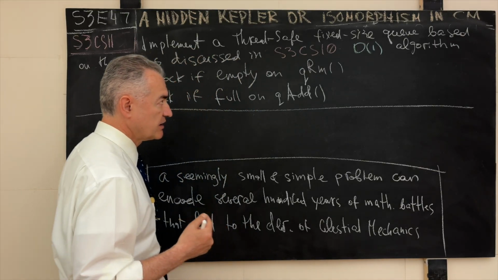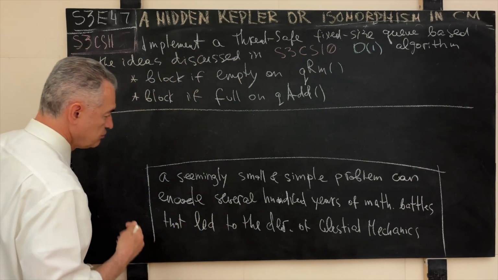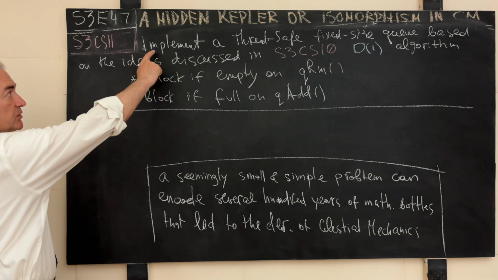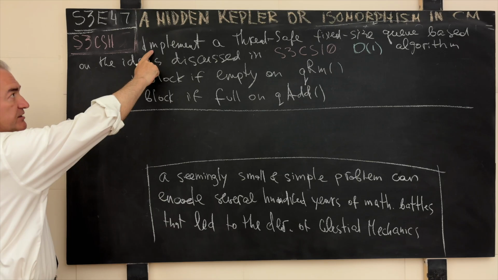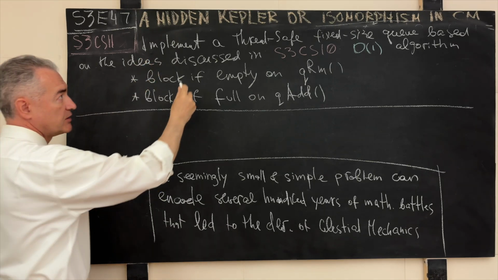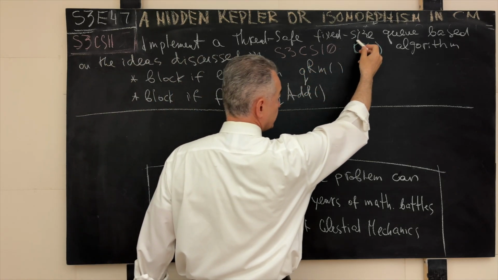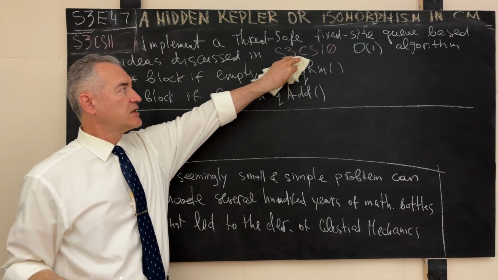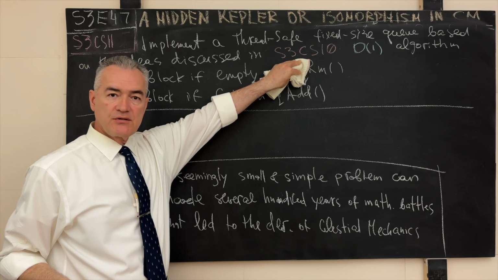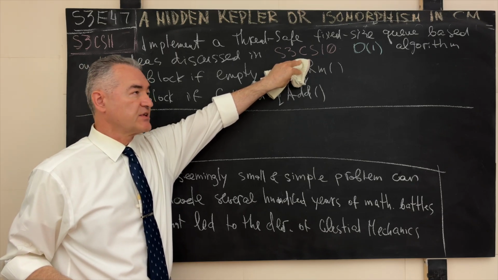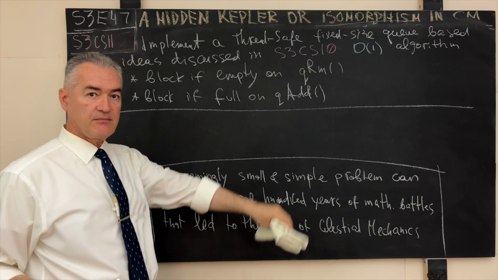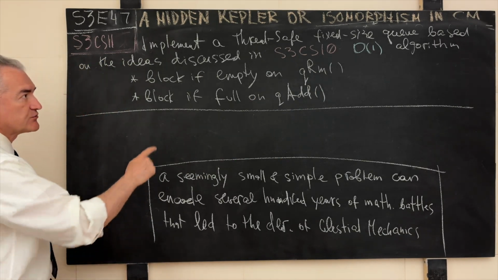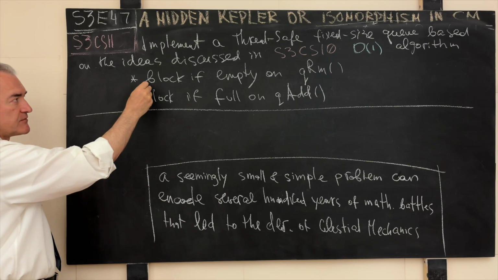So behind this idea, now we want to capitalize on this idea, and we want to discuss the following task. Implement a thread-safe fixed size queue that is based on the ideas that we discussed in the problem S3CS10 when we discussed the idea of a big O(1) practical algorithm. And the requirements for this fixed size queue should be the following.